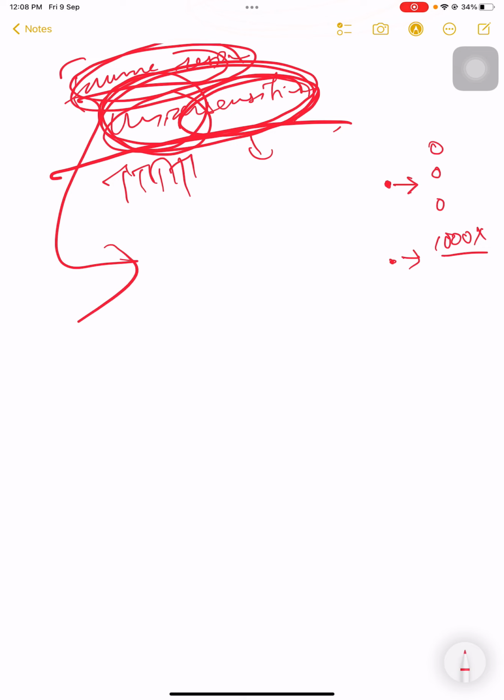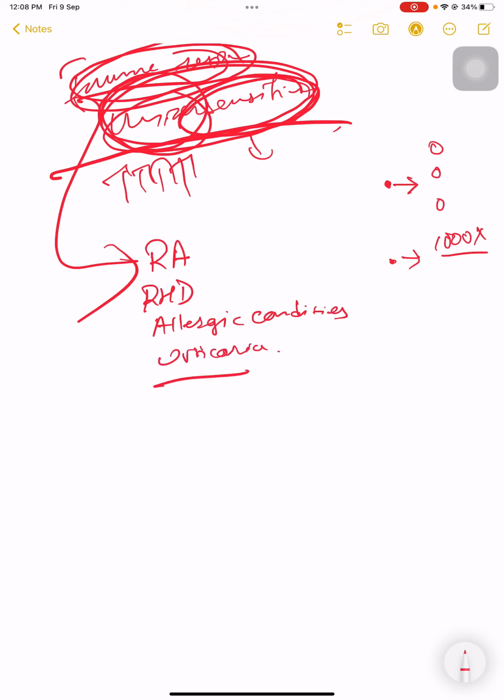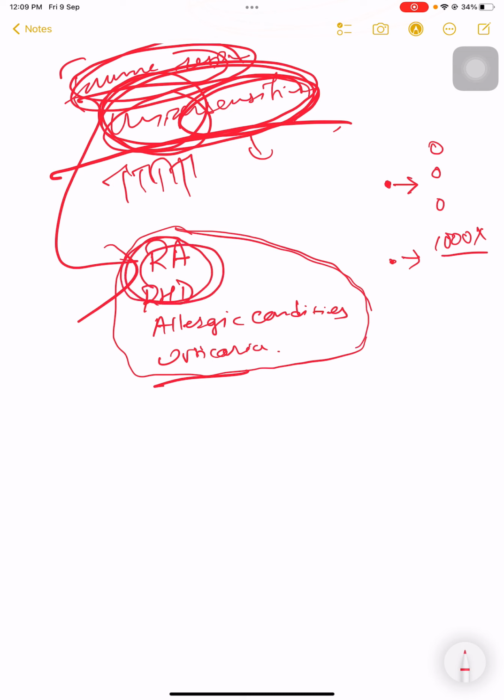For example, different immune conditions like rheumatoid arthritis, rheumatic heart disease. I can also talk about certain allergic conditions, and then we have urticaria, which is a component of the allergic conditions. Rheumatoid arthritis and rheumatic heart disease are autoimmune processes, and these are all inflammatory conditions.